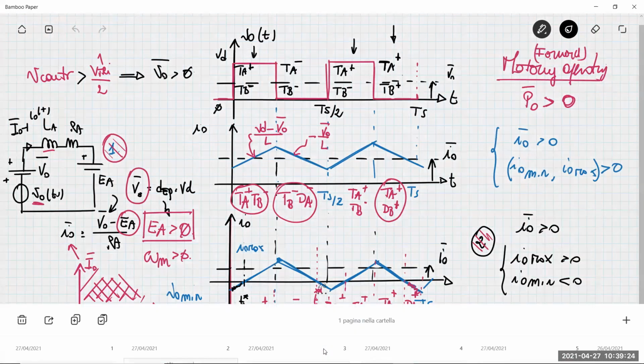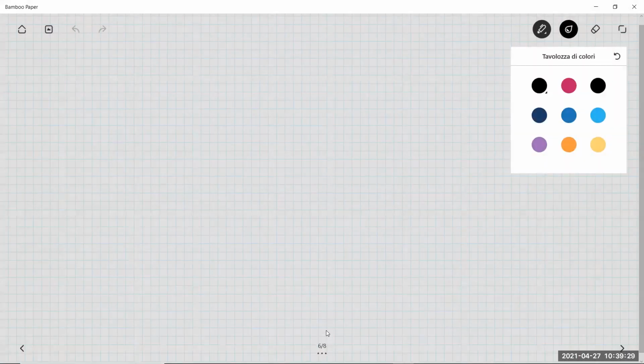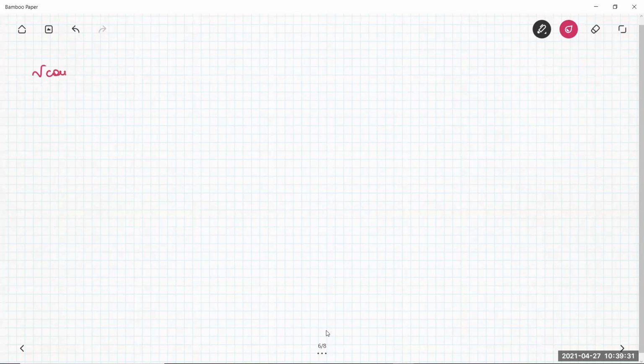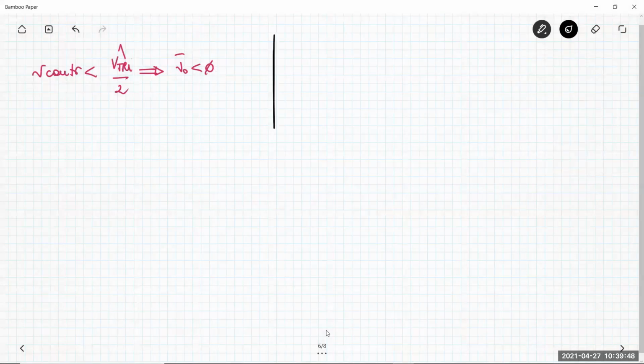So let's analyze what happens when the control voltage is less than the peak value of the triangular voltage. This leads to an average value of the output voltage of the bridge which is negative. In that situation, in the unipolar pulse width modulator, the total instantaneous output voltage V naught is negative.